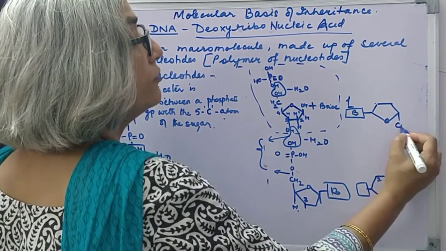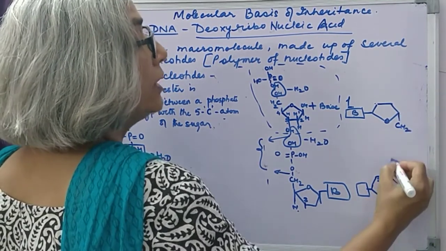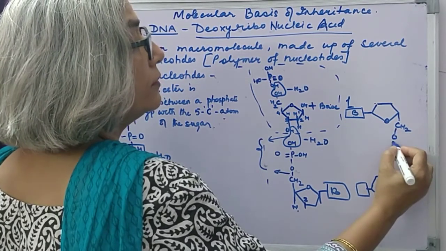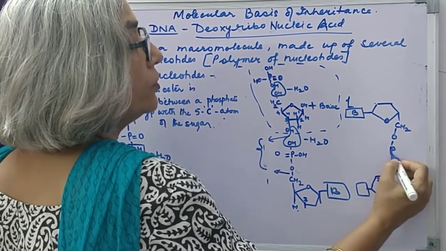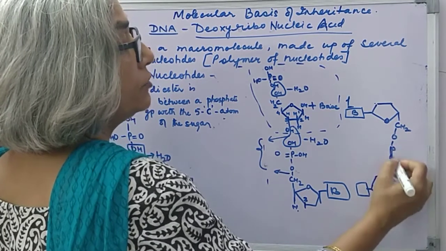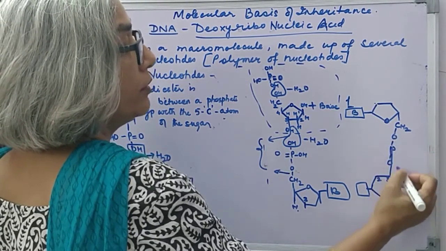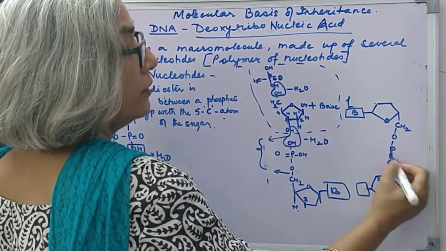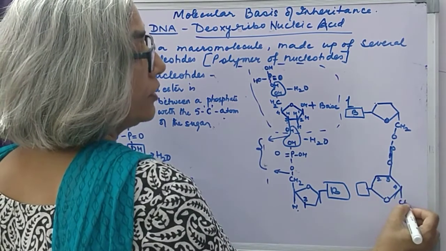This is the fifth carbon. So third and fifth carbon, they are united like this by a phosphodiester bond. Okay, and this is the fifth carbon atom.